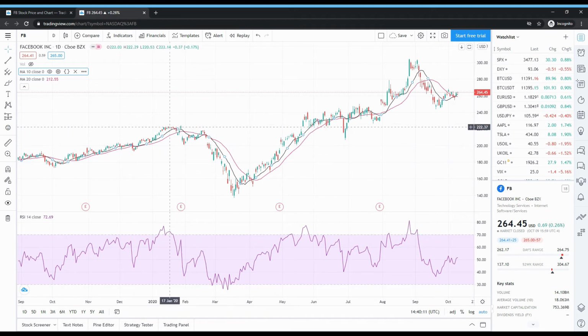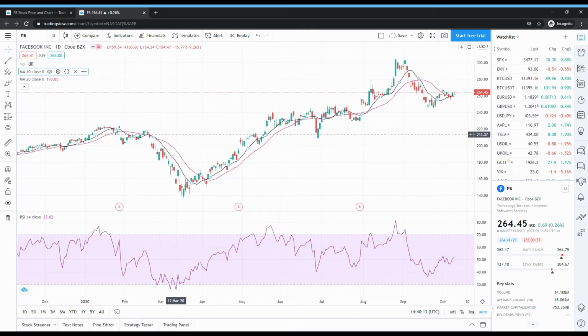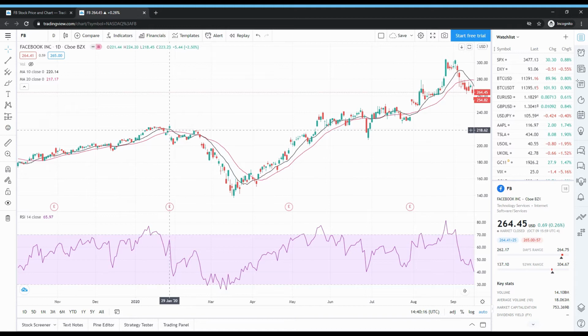So here, when we use our moving average traditionally, our 10-day moving average has crossed our 20-day moving average going down, which says that it's going to have a downtrend for a short period of time. As you can see in the RSI, when this crossover occurs, RSI has already gone down, which means our moving average shows this crossover a little bit delayed.